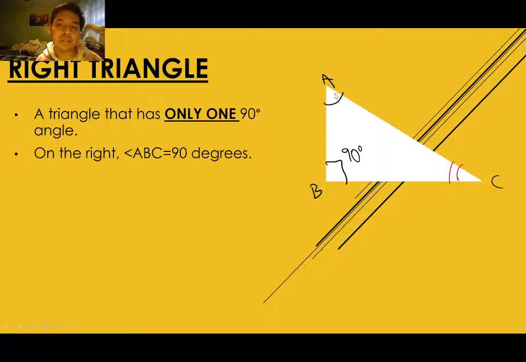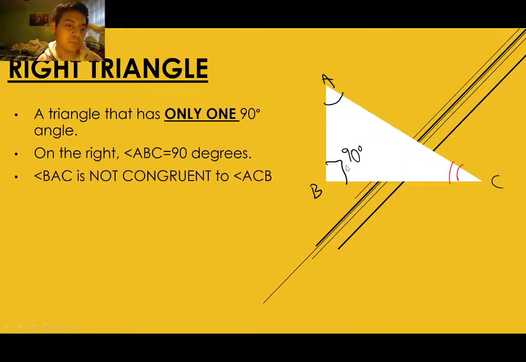So on the right, you can say that angle ABC measures 90 degrees. And BAC is not congruent to ACB. That's kind of why I labeled it this way, because this part here is not congruent to this part over here. This one has two angle marks to denote that it's not congruent to this one, okay? That's another thing that I want you guys to note.